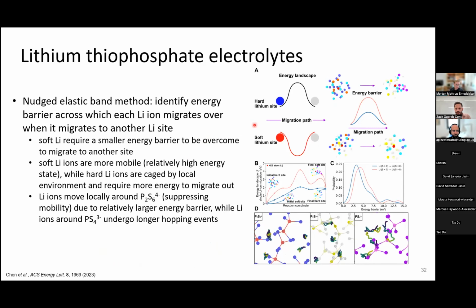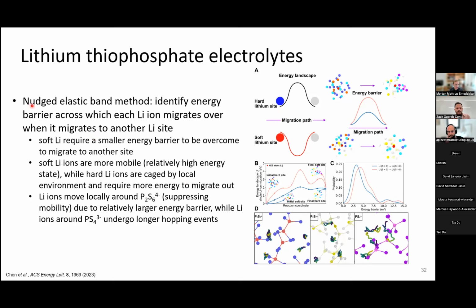And we can look at migration, for example, from a lithium site whose starting position is relatively soft to something that is hard, and understand what kind of structural features give rise to a smaller energy barrier to be overcome when you move around in the structure around these sites.